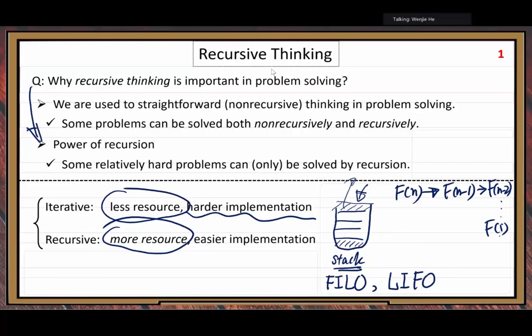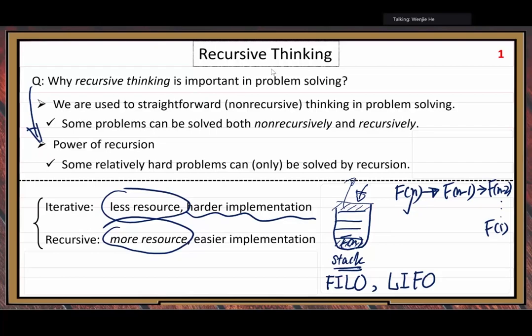To implement it in a stack: your goal is to calculate f of n, but it's not available. How do you handle it? You push it into the stack. So f of n, the first one, you push into the stack, waiting inside the stack.